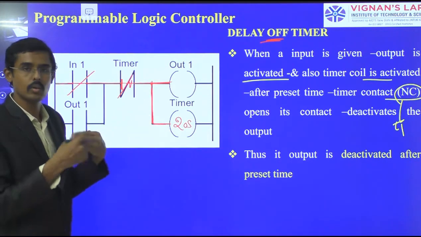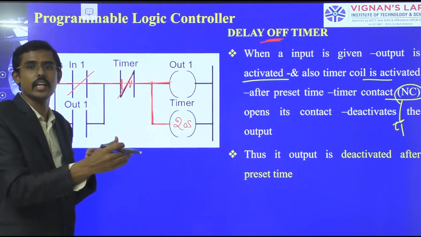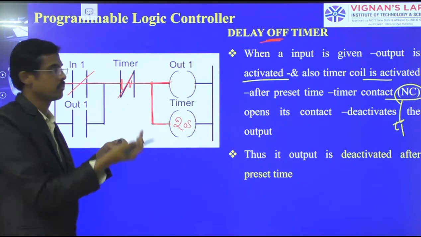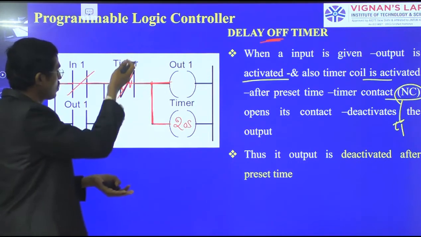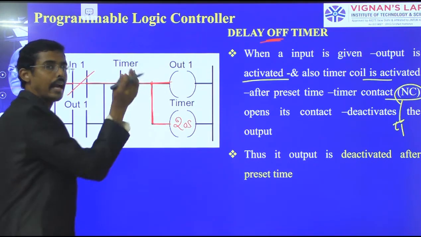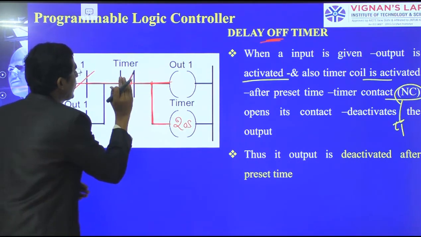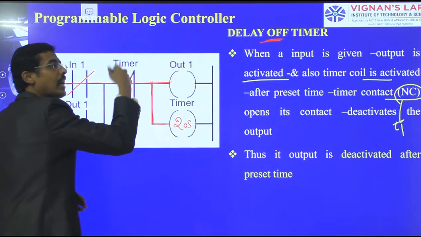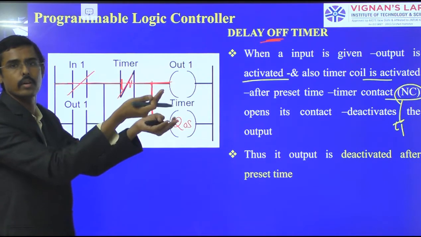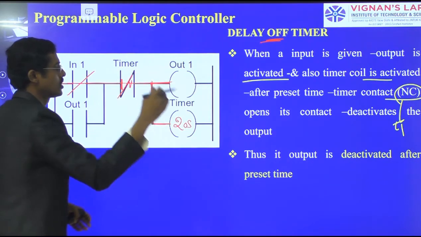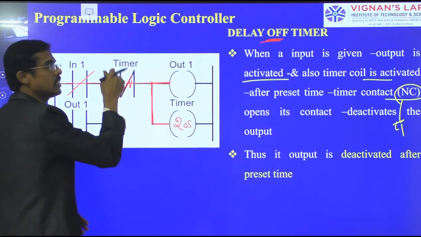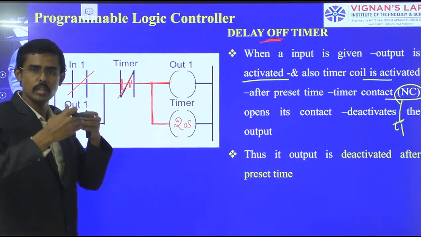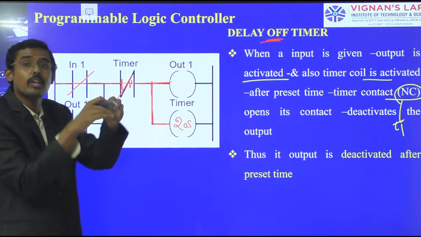When the timer is completed at the 20th second, the initial position is going to convert to the opposite position. It is going to activate this. How does it activate? From this position to the other position. The other position is normally open. This is normally closed. When this timer is activated, it is going to activate this contact. This contact is a normally closed contact. From the normally closed contact, it should go to the normally open contact.